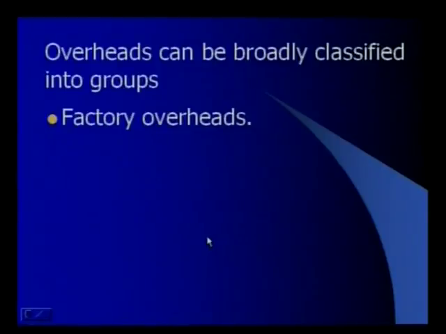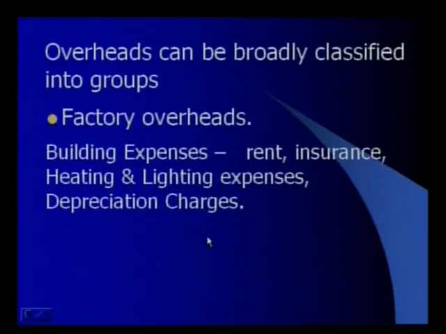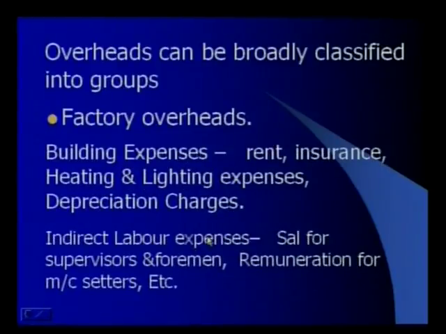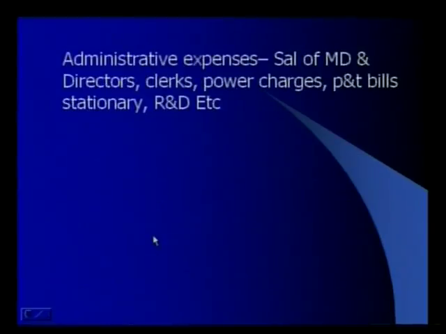These overheads are broadly classified into factory overheads and administrative overheads. Factory overheads come under building, where we have already seen rent, insurance and depreciation charges, and indirect charges required for the salaries of supervisors or foremen, remuneration of machine setters, etc. These come under indirect expenses.